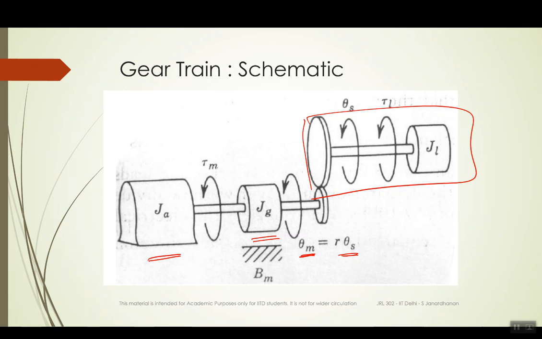So if you have, say, omega m is 200 radians per second, and you have a gear train r is 200, then your load, omega l, is only rotating at 1 radian per second. Okay, so you have converted a high speed low torque actuator to be able to supply power to a high torque low speed load.